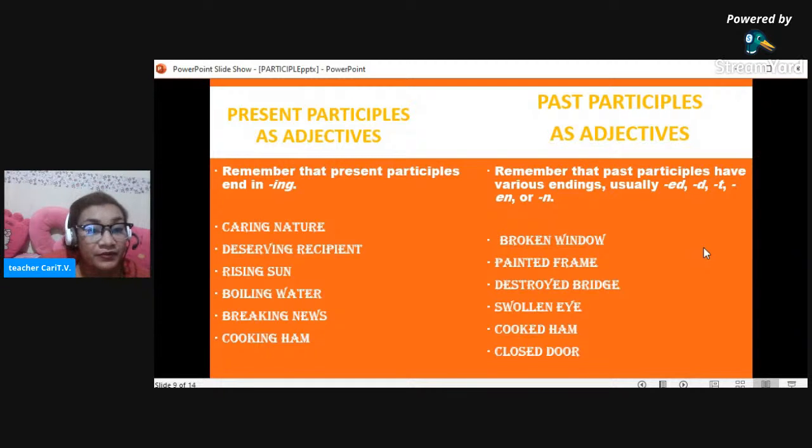Let's read the examples: caring nature, deserving recipient, rising sun, boiling water, breaking news, cooking ham. Past participles as adjectives: broken window, painted frame, destroyed bridge, swollen eye, cooked ham, closed door.